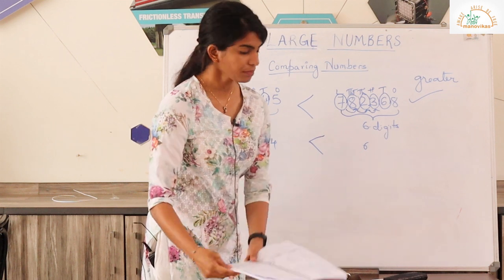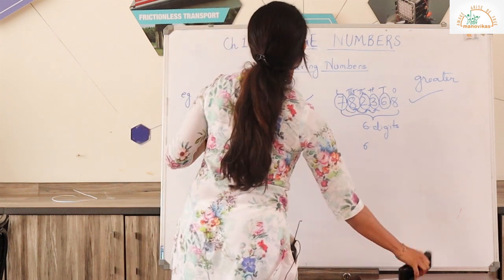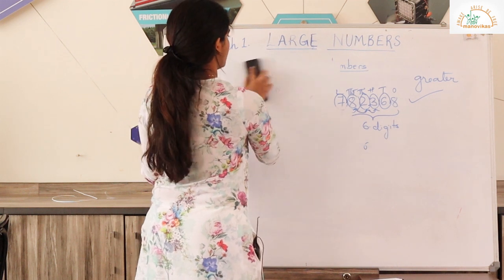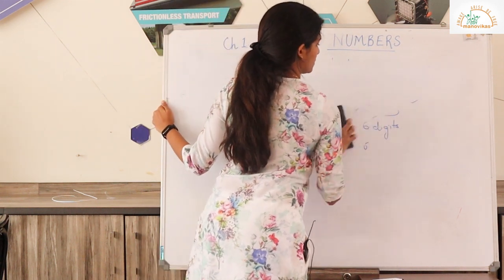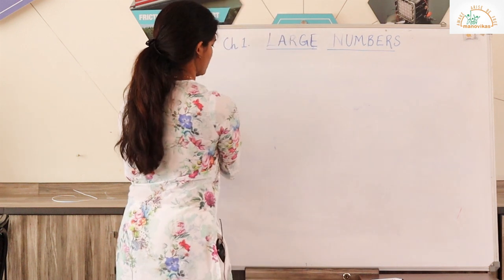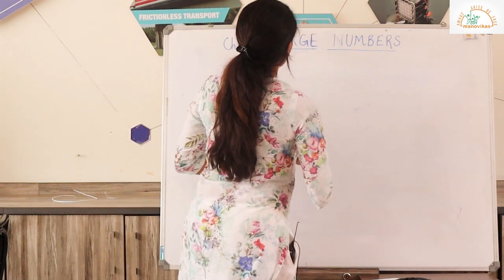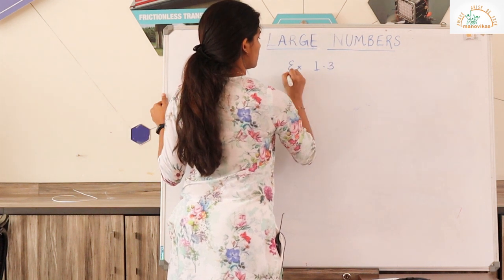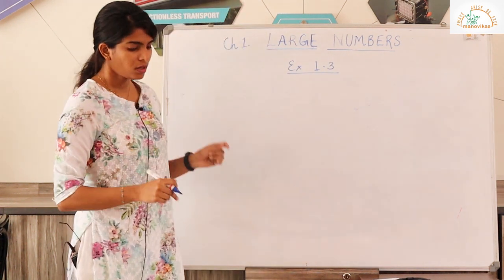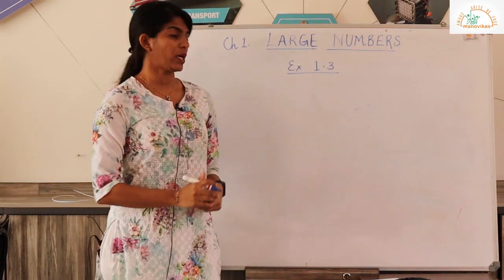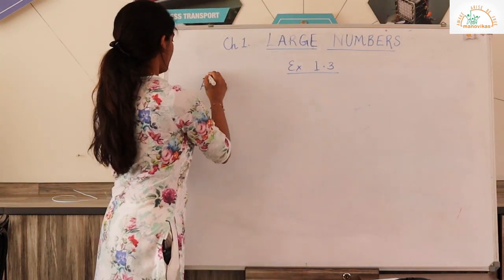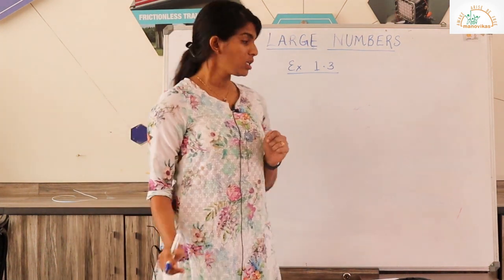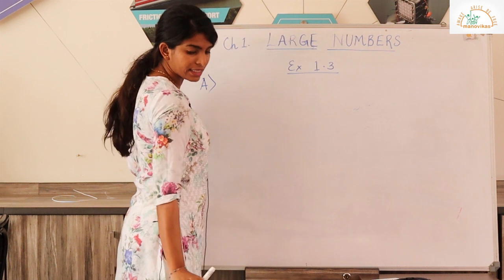1.3. Let's take the first question, A. Fill in the blanks with signs. They have given us 2 signs. Okay, let's take the first one.